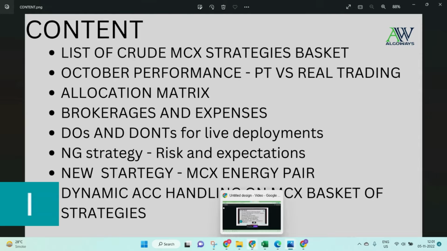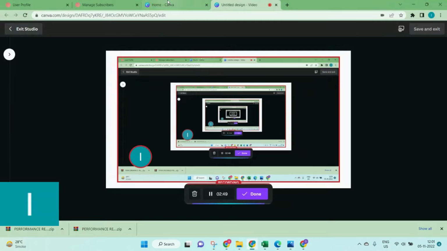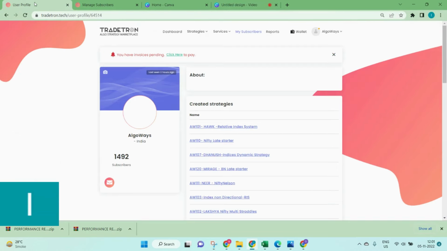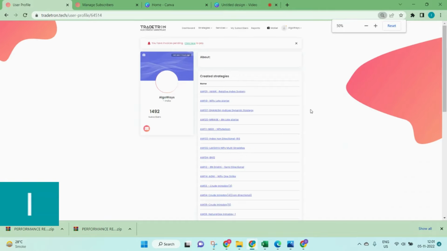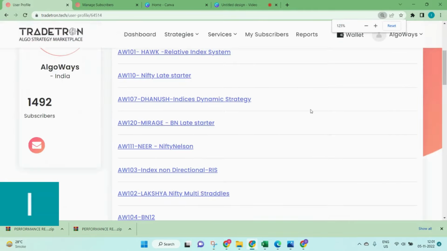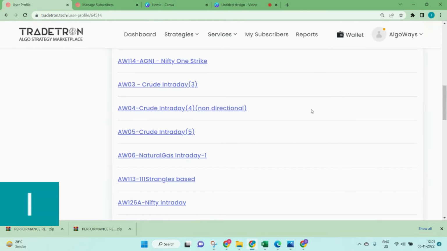So I'll go on my TradeProne profile. Okay, so here we are. Let me make it a little larger. So right now I have around 5 strategies on MCX crude oil. Intraday crude oil 3, AW03, AW meaning Algoways, AW04, AW05.